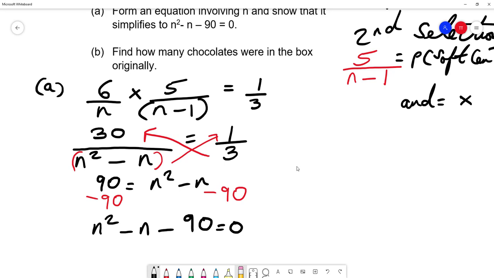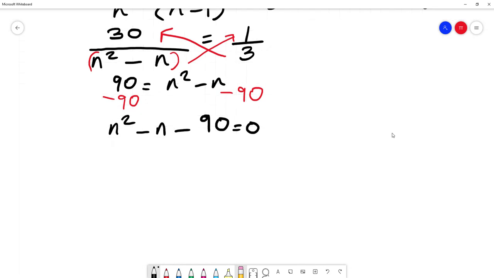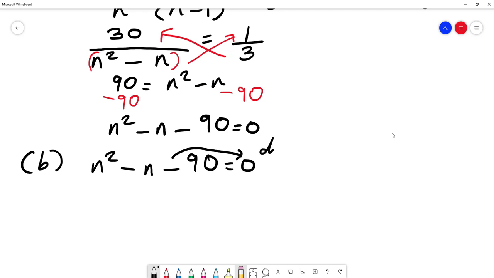And then part B says, find how many chocolates were in the box originally. So we can do the following. Let's factorize this. Don't forget that the minus at the end always means different signs. So I'm going to annotate this here and say different signs.